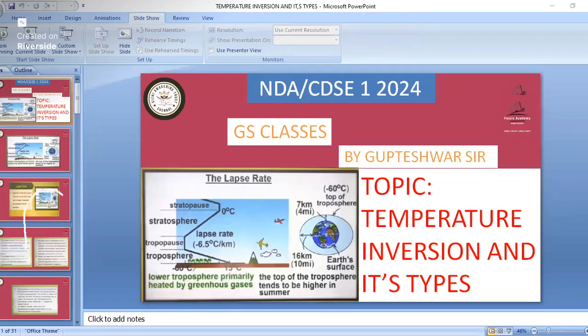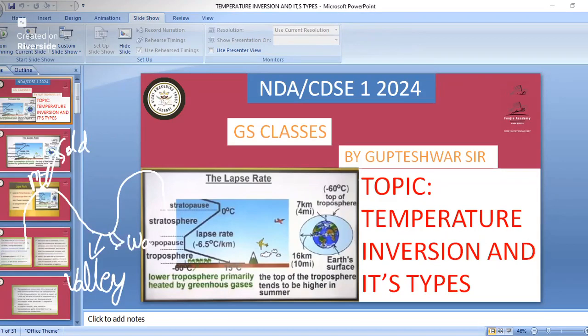Suppose this is the mountain, the upper part is the mountain and the down part is the valley. During the night in winter, the upper part will be cold and the lower part will be warm because of the day's solar radiation on this part. So now what will happen?